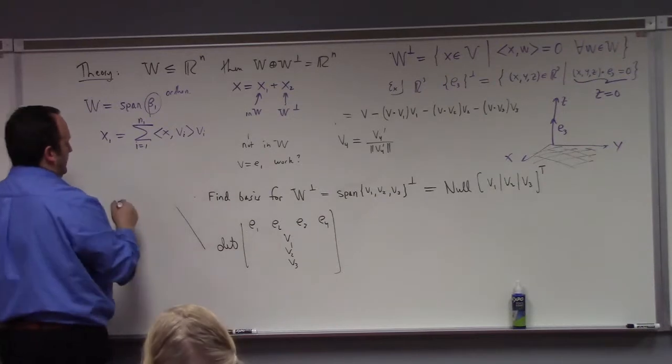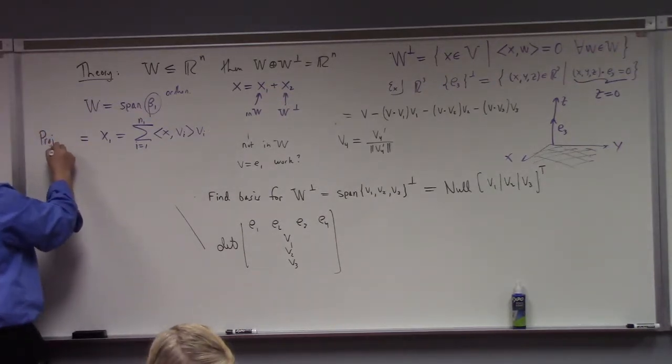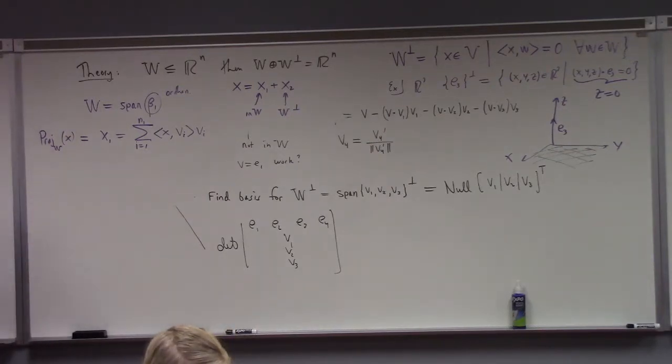This will pick out the projection in the W direction of x. We can use the orthonormal basis to calculate projections like that. So if you have an orthonormal basis for your subspace, you can do all kinds of stuff, right?